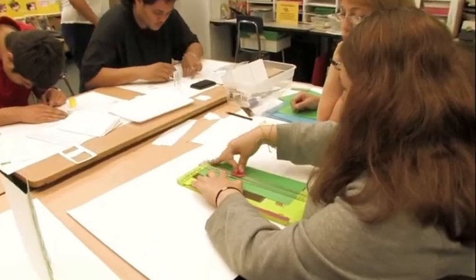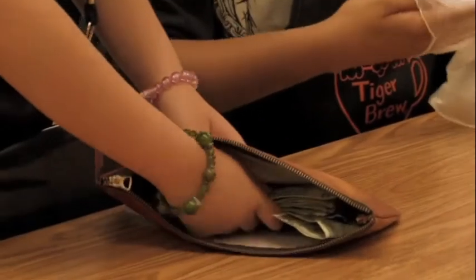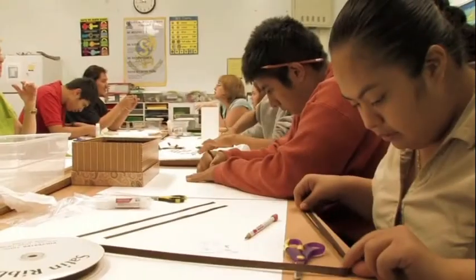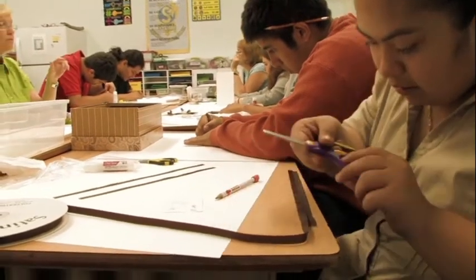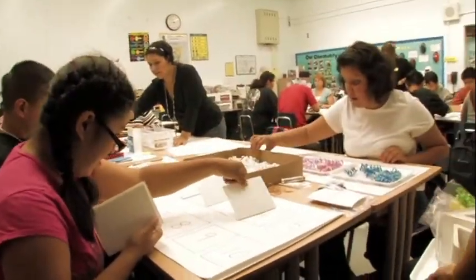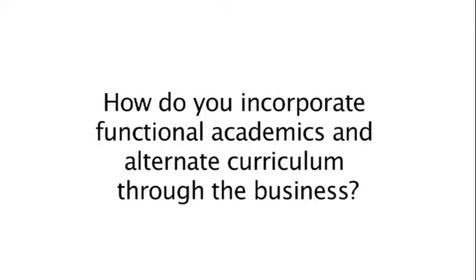I have the students handling money, which incorporates into money management, measuring, which incorporates into functional or practical mathematics. What else did we do? Counting, sorting, packaging the cards, counting the envelopes, different types of geometric figures, and a little bit of art into it as well.